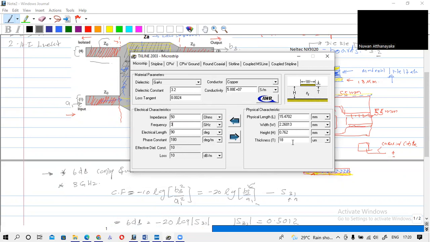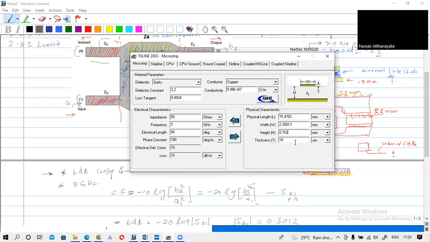And we have to put the height. These are the physical characteristics of the microstrip. Height means the dielectric material height, that is the thickness of the dielectric material, so it is 0.762 millimeter.